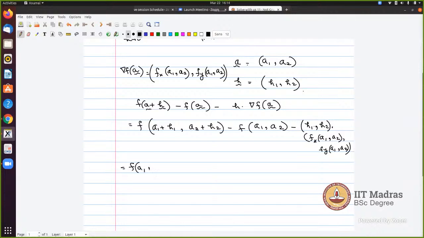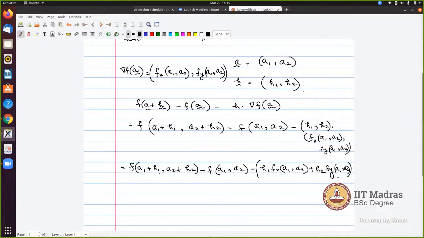So this is f of (a1 plus h1, a2 plus h2) minus f of (a1, a2) minus h1 fx(a1, a2) plus h2 fy(a1, a2).